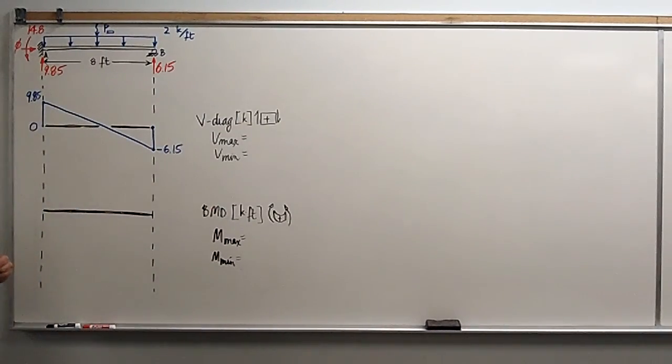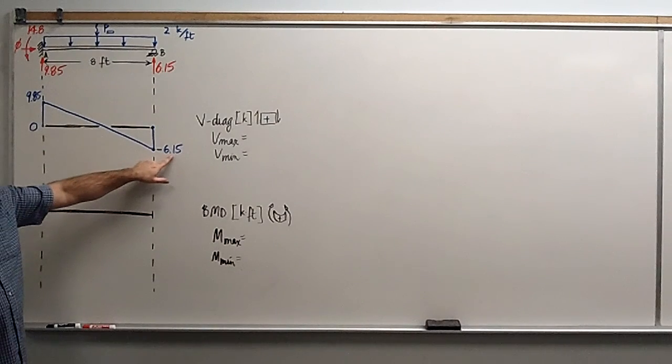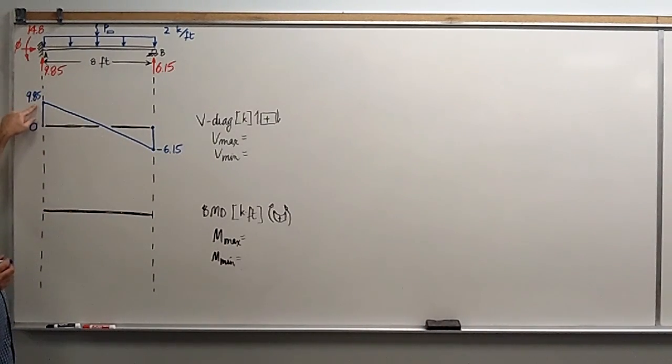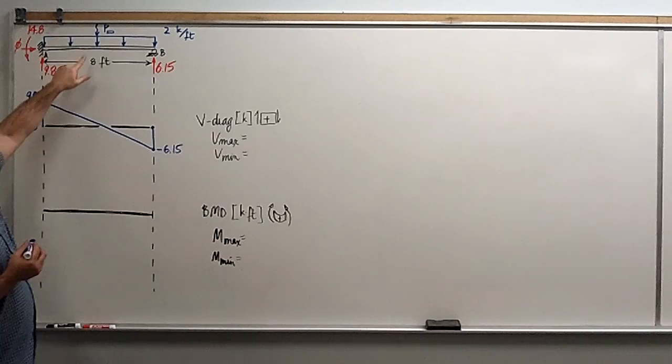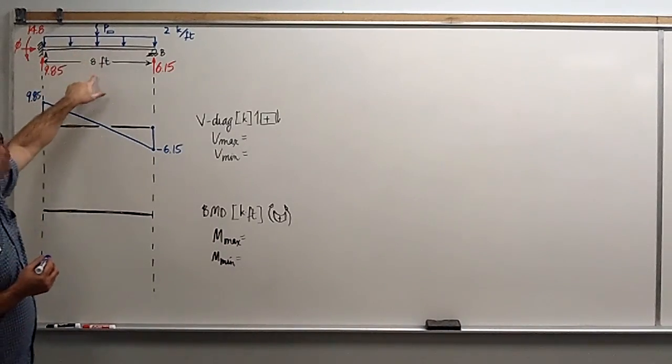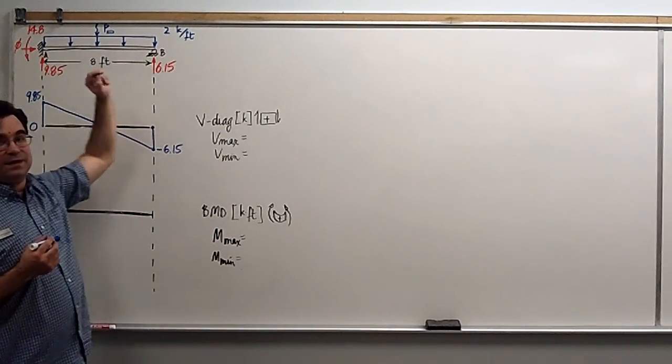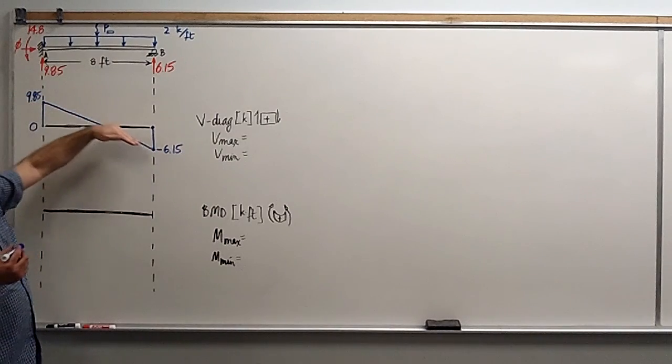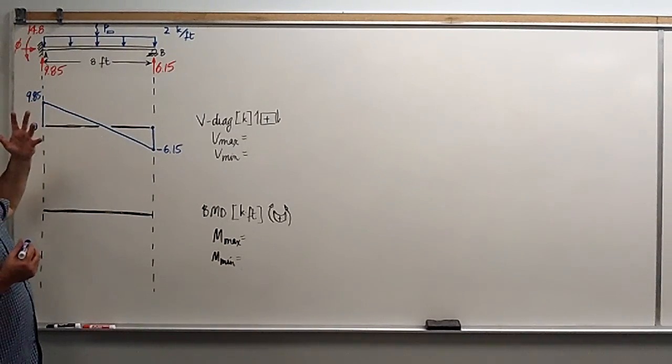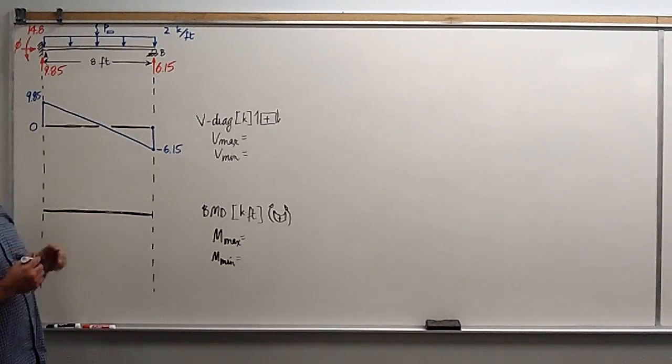Now, a reminder again, how did I get here? I did 9.85 minus, because this is going down, the product of these 2, which is the slope and the distance. So that's 16, and that brings us down to there.